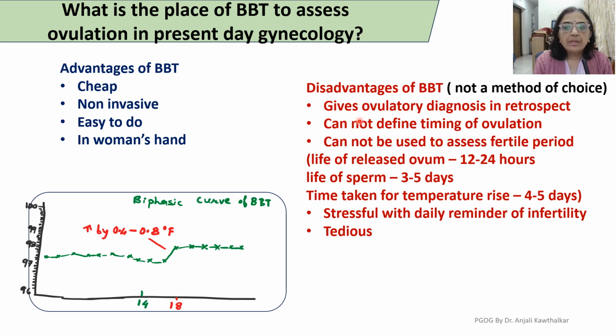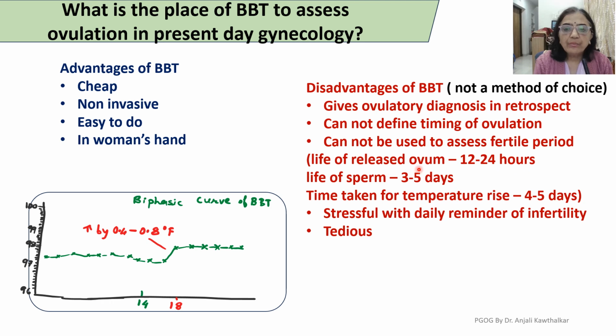The reasons are it gives ovulatory diagnosis in retrospect. It cannot define or identify the timing of ovulation. It cannot be used to assess the fertile period. Now, the fertile period is also called the fertile window, which is usually considered as 5 days before ovulation takes place, including the day of ovulation, so we can say it is a 6-day window, because the life of the released ovum is only 12 to 24 hours.